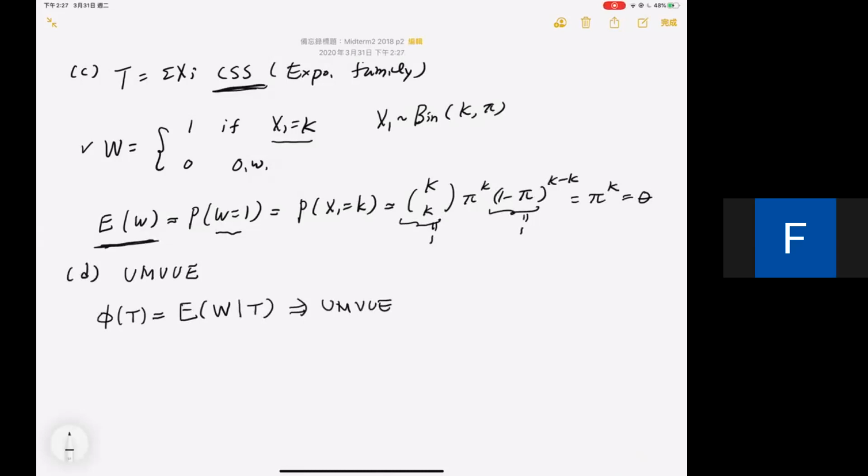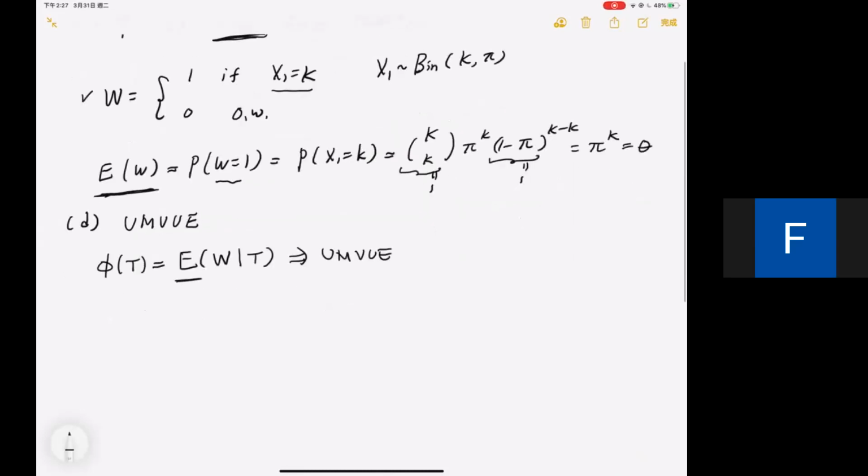But the point is, this guy is not necessarily easy to derive. But I do think it's the same thing as what we showed in class.